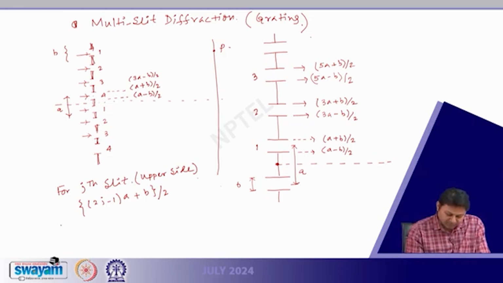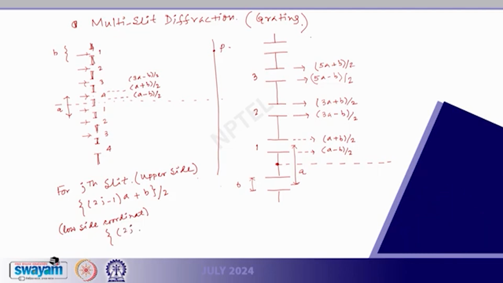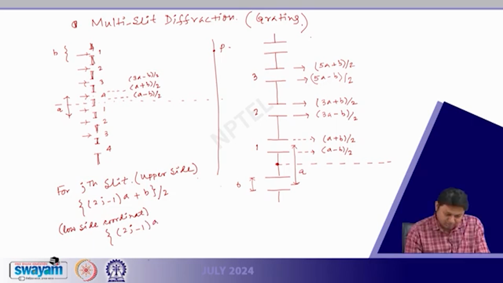And for the lower side, the coordinate will be 2j minus 1 multiplied by a minus b, whole divided by 2.